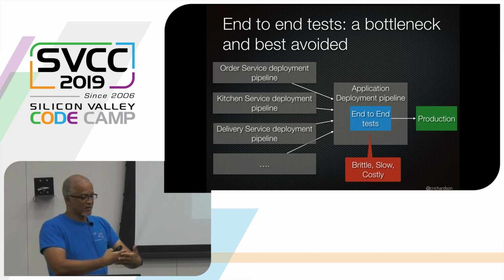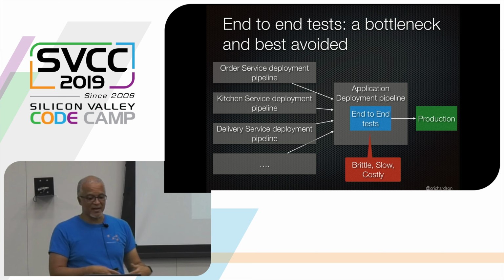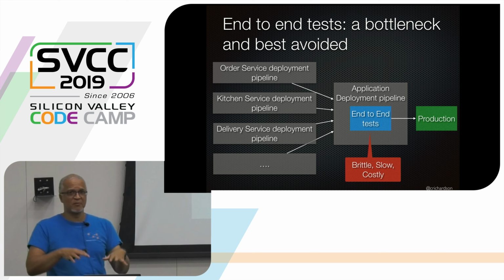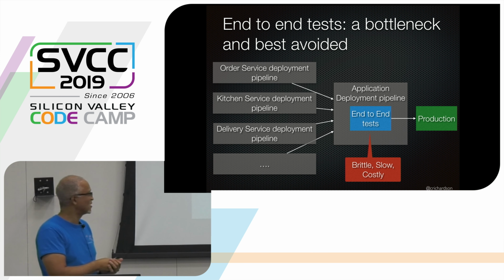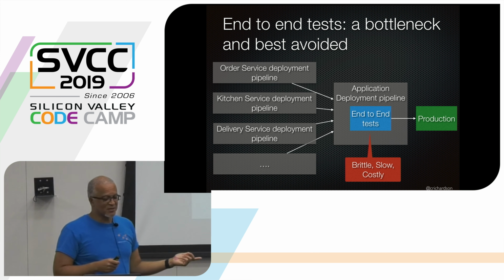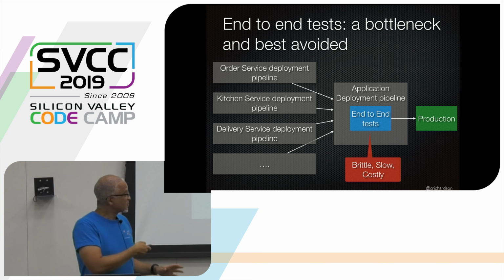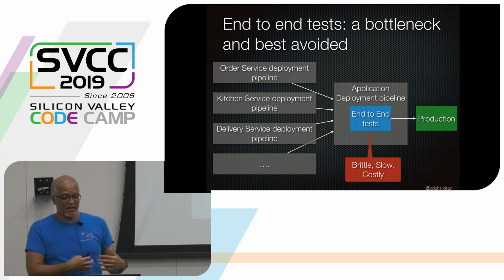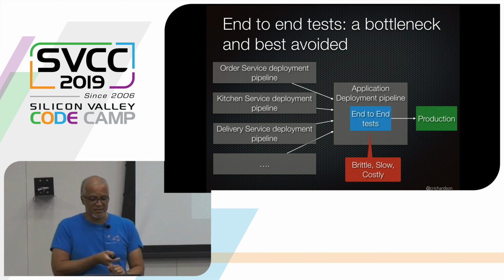The risk that you run into is that these tests are brittle, right? Anytime you're testing a complex system, things will fail just for random reasons, right? Cosmic ray hits some server or something. And they also tend to be kind of slow and complex to write. So what you can end up with is these can end up being a bottleneck. And yes, you can do things like parallelize them in some situations.